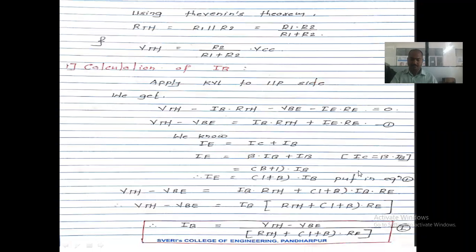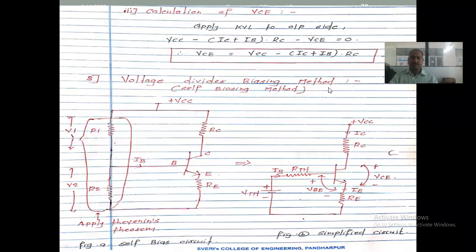We know that we are applying Thevenin's theorem across it. When we find the equivalent circuit of R1 and R2, applying Thevenin's theorem across this terminal, this resistance, R2, divided by both resistors, into the applied voltage, is the equivalent.